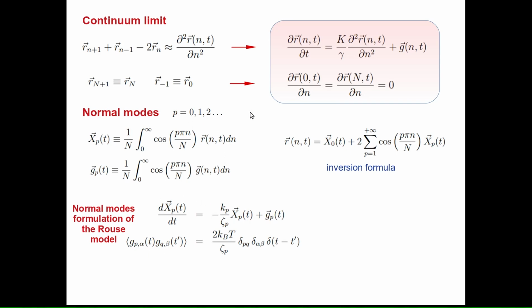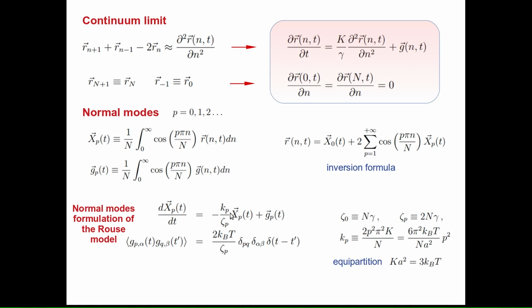Now, I don't show all the technical details of this, but it's just a little bit of math. First of all, you find some prefactors that depend on the index p, and these are given here.